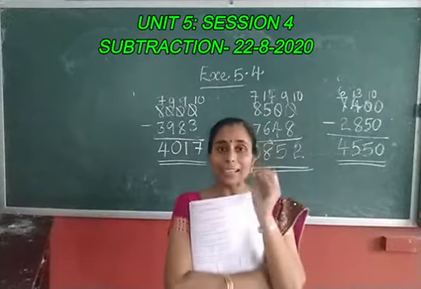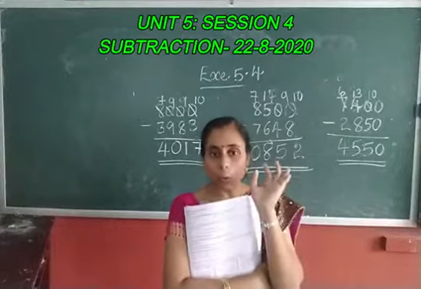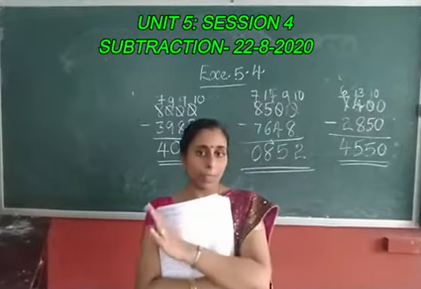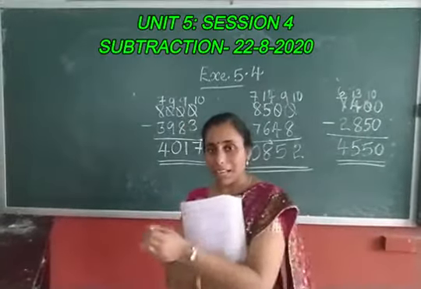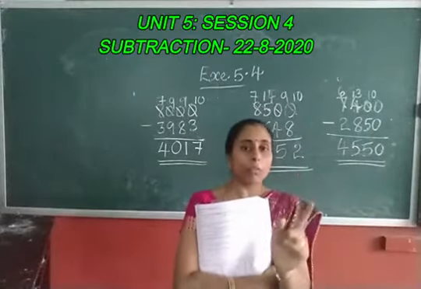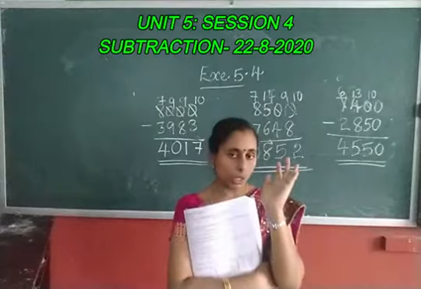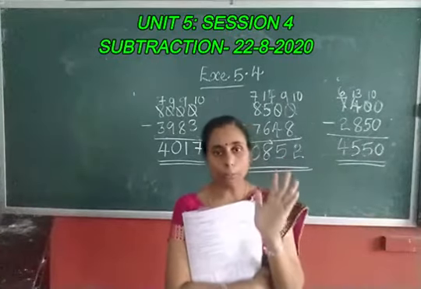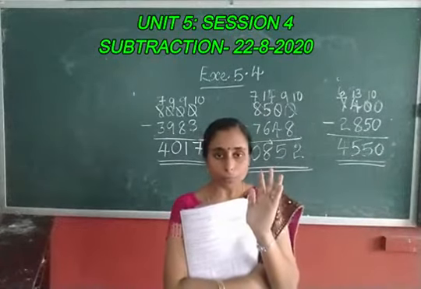We have to remember that we cannot change the order of the numbers. That means we cannot write the subtrahend first and the minuend second. We cannot change it. First, we always have to write the minuend. That is very important. Okay.